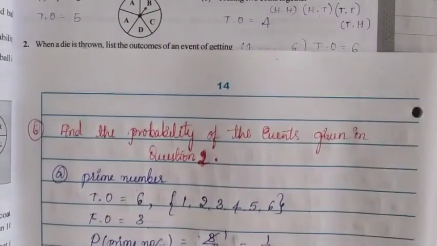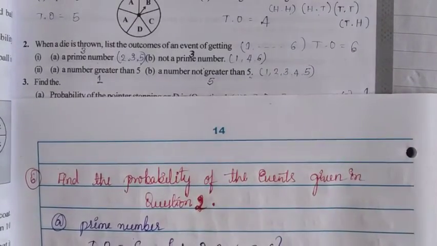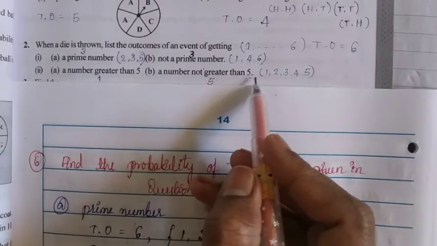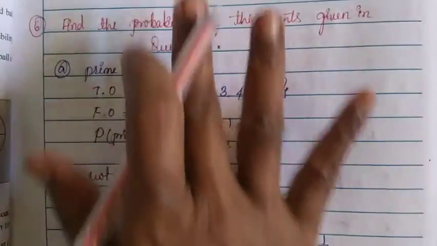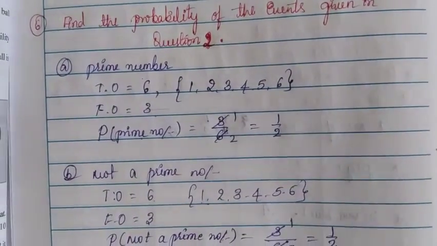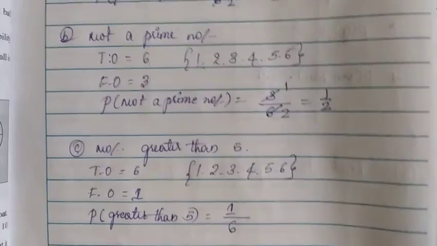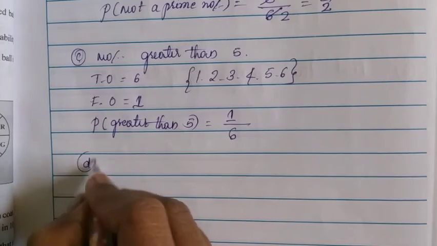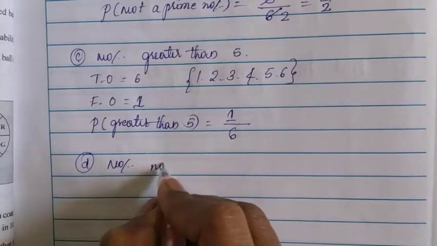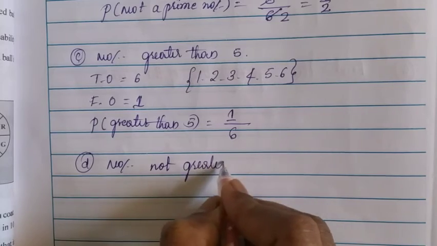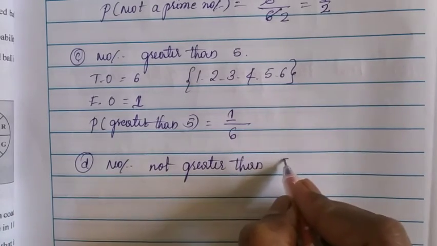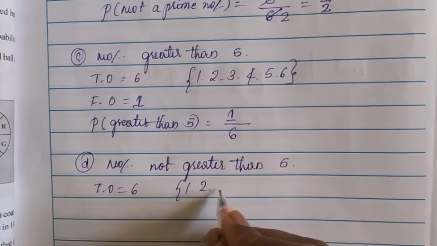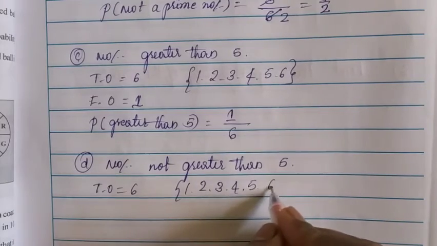1 by 6. Now come to the last question. The last question is D. A number not greater than 5. Yes, total outcomes are 6: 1, 2, 3, 4, 5, 6.